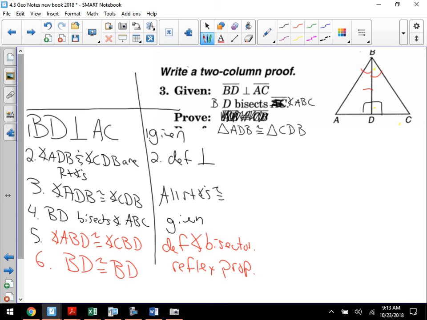Do you have triangles that are congruent? By what? The side is between the angles, which means it's angle side angle. ADB. Oops.